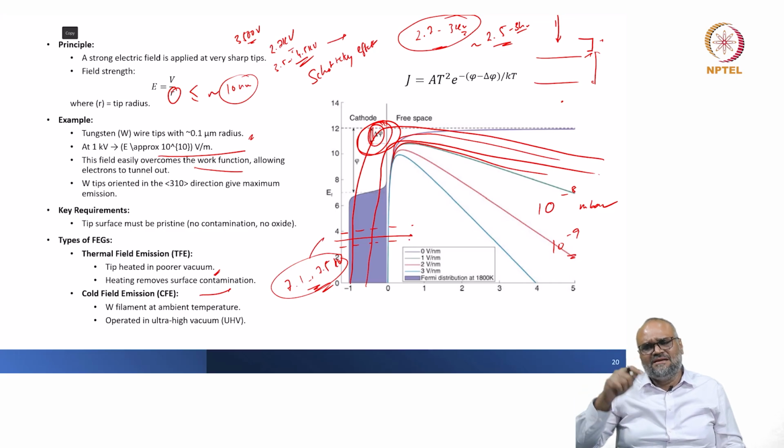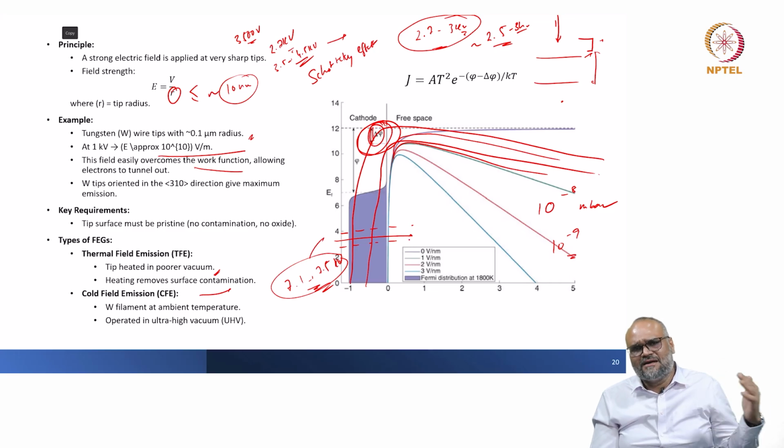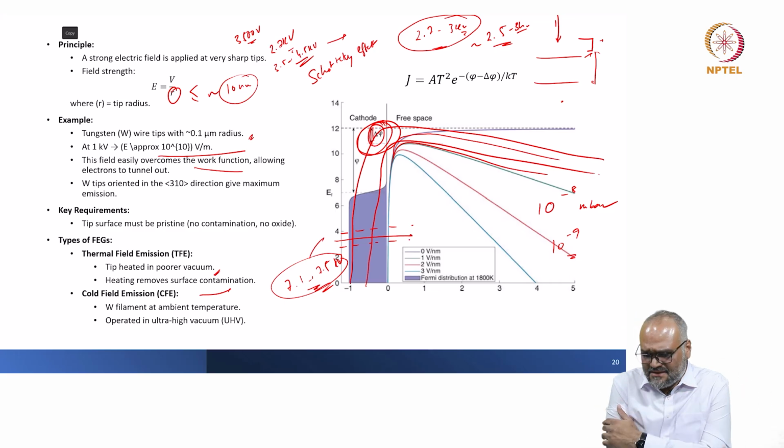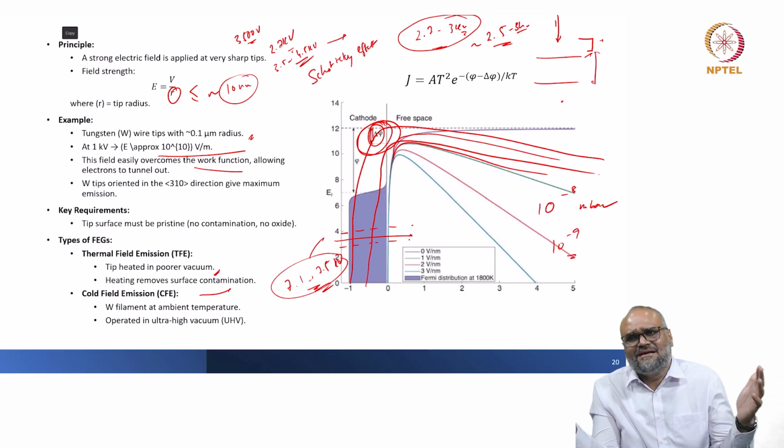But in the cold field emitter, like in a thermionic emitter, you are switching on, you are flashing the filament, and every time you flash, you are sharpening the tip once again, and you have a feedback loop to have a sustained emission. The brightness you achieve can be quite high, and you would also have a longer FEG lifetime.